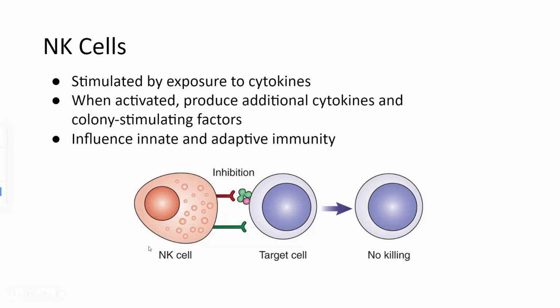So here's a natural killer cell. Here's a target cell. If this target cell has certain MHC molecules on it, MHC class 2, this would not be activated, and we're not going to go ahead and kill that. Because if it does have certain molecules, that means those types of cells are beneficial to us.